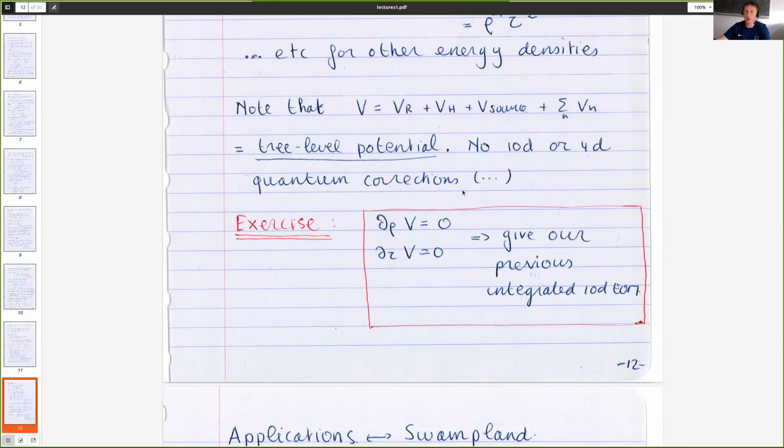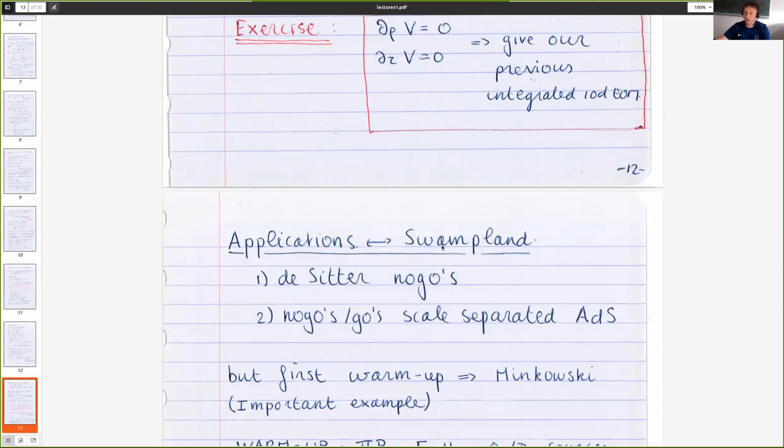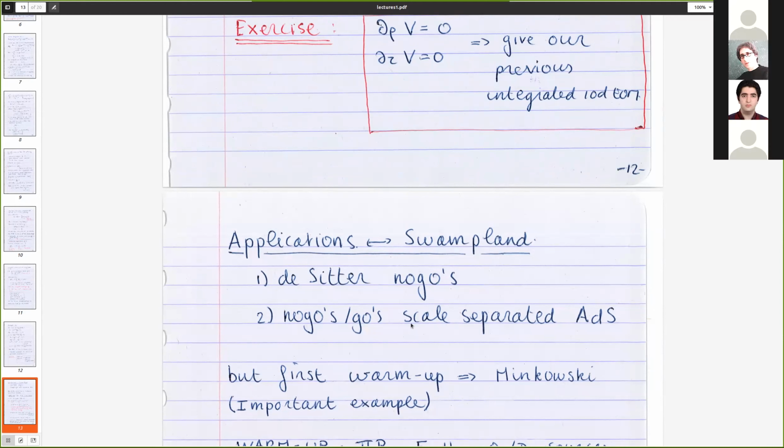Okay, so what I want to do today is start applying this in the context of the Swampland, in particular for the de Sitter no-go theorems and for no-goes or goes which will involve so-called scale-separated AdS vacua. My guess is that the scale-separated AdS vacua will be the main topic for the 3rd lecture tomorrow.